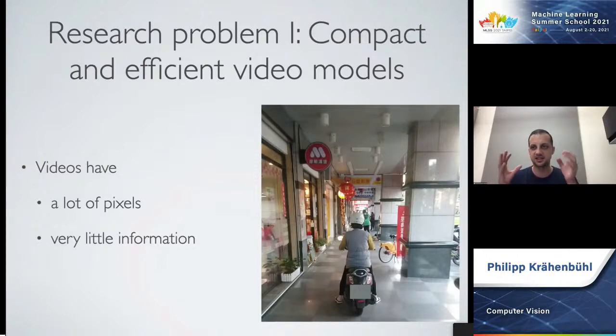The amount of information contained inside of that video is about 100 or 200 times smaller than the amount of pixels. Yet, for all of computer vision, we use the raw pixels, we use the full resolution, and run the same model over and over and over again. And so this is extremely inefficient.